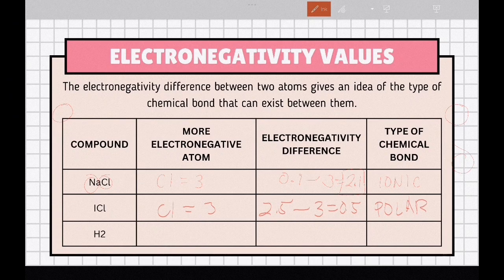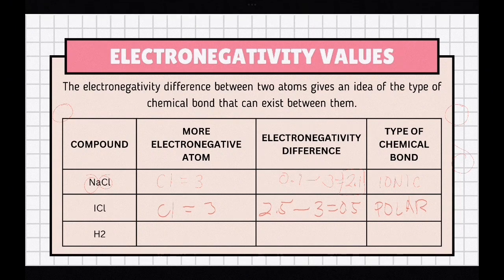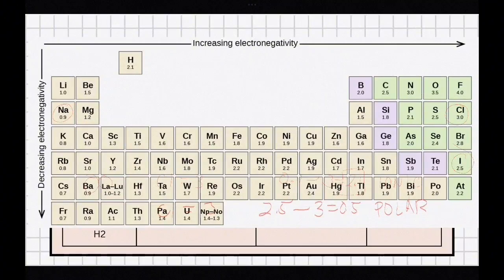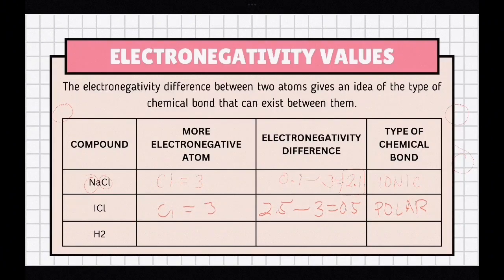Next, H2. Let's check the more electronegative atom. Now here in our H2, let's check who has more electronegative atom. So definitely they're both 2.1.